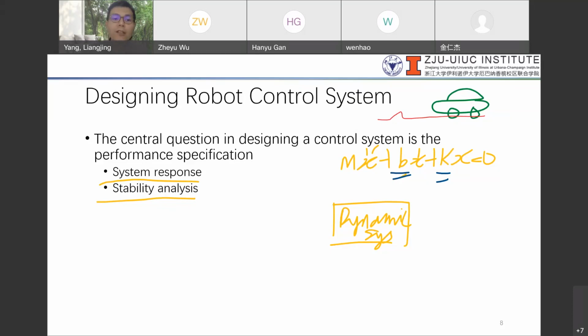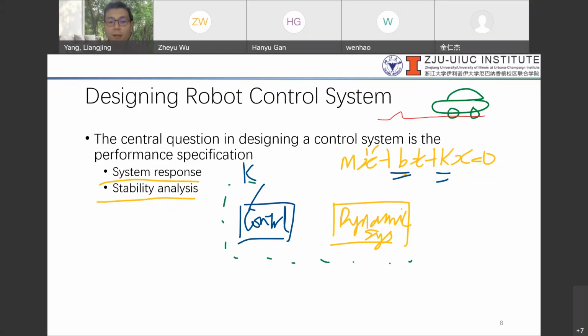So one way is, of course, to design a controller where you put in some gain, any kind of K in this controller, such that you can change the entire dynamics of the system.